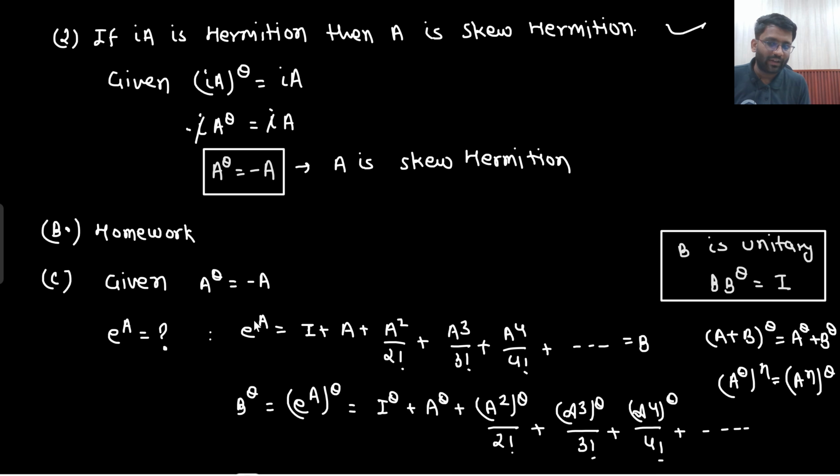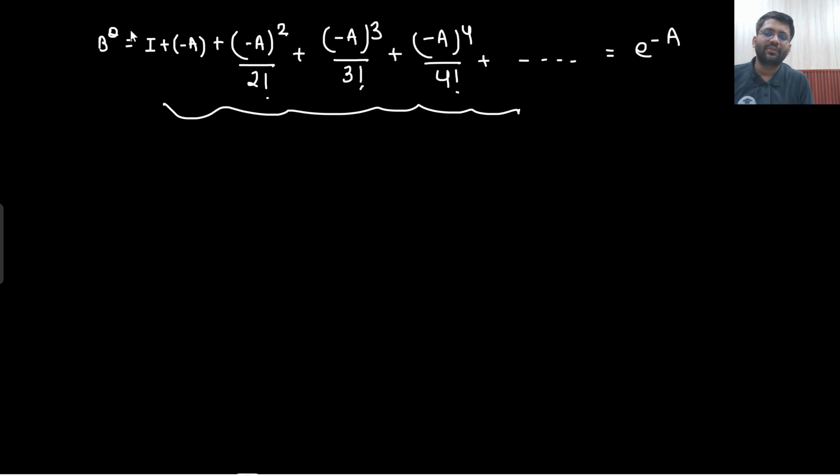Because here in place of A, if I put a minus sign, then A will be replaced with minus A, minus A, minus A, and so on. So it is the expansion of e to the power minus A only. So your B theta came out to be e to the power minus A.